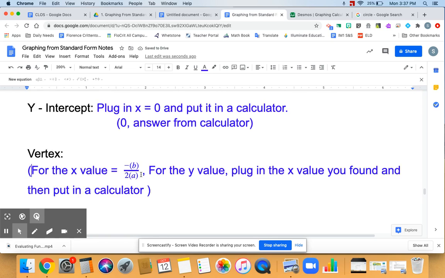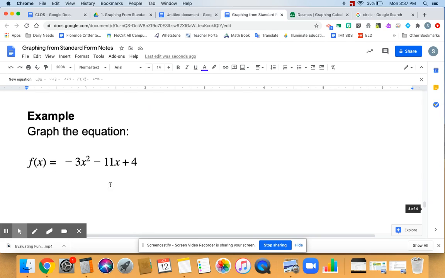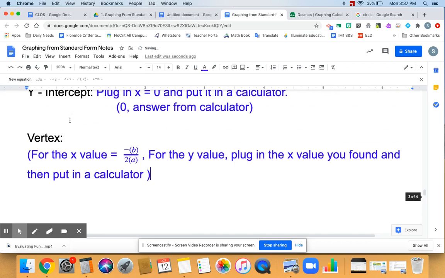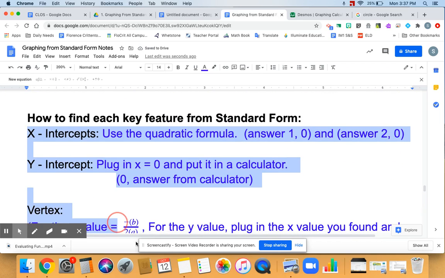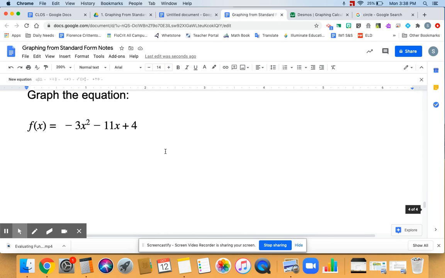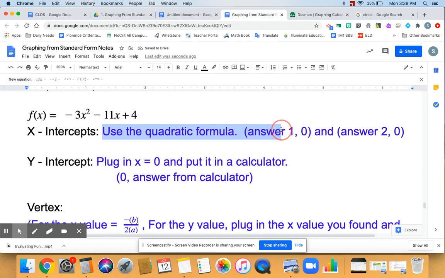So we're going to practice all three of these on an example that we're going to graph together. So here's my example, and I want you to graph that equation. I'm going to grab the how-tos for all of them. For the x-intercept, we're going to use the quadratic formula.